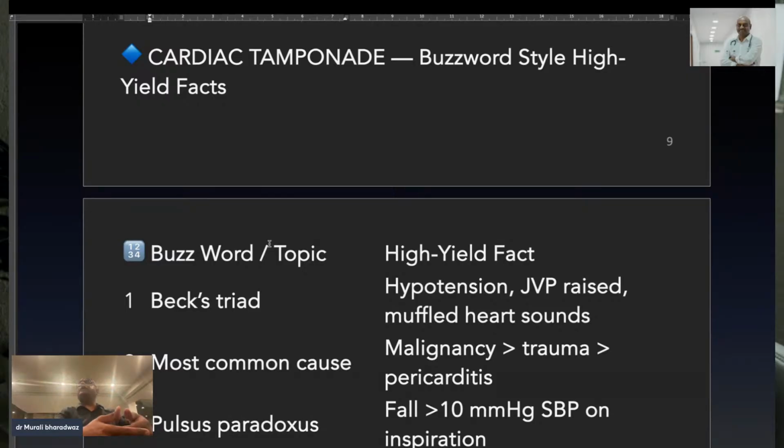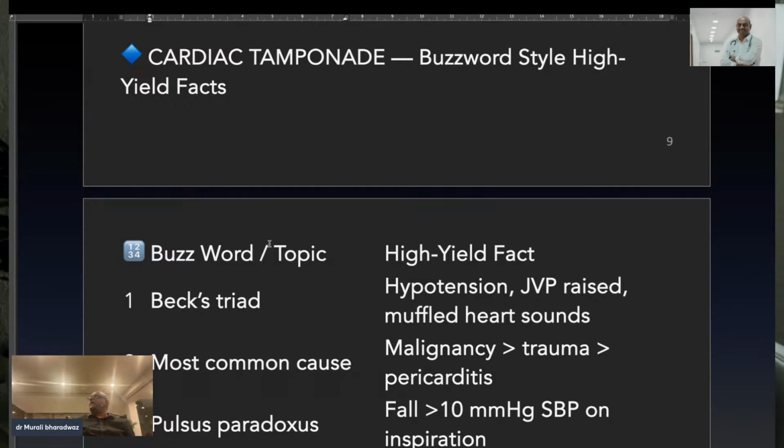So what is the effect? Because the ventricle is undergoing collapse, it can't pump out the blood. That leads to hypotension. Because the right ventricle is collapsing, the jugular vein cannot drain, so JVP is raised, and the fluid will prevent your stethoscope from listening, so muffled heart sounds. What is the most common cause leading to pericardial tamponade?